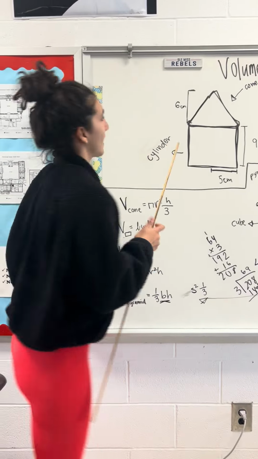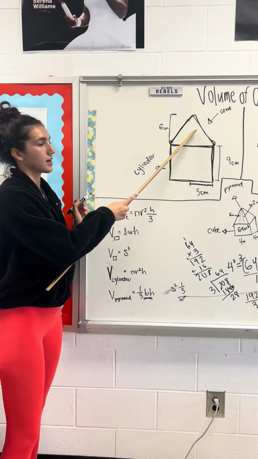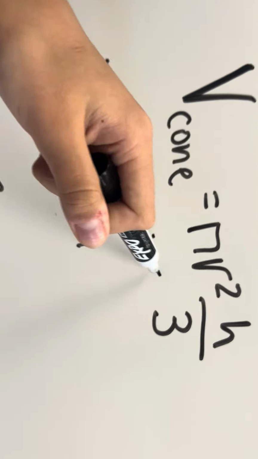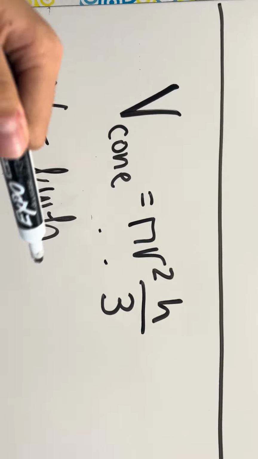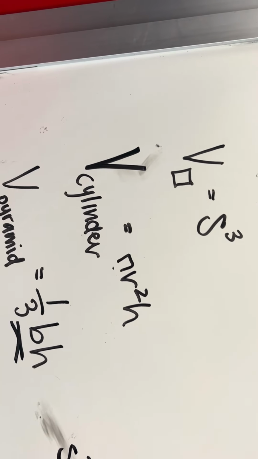All right, now let's do the volume of this cylinder plus a cone. The volume of a cone is pi r squared times the height divided by 3. And the volume of a cylinder is pi r squared times the height.